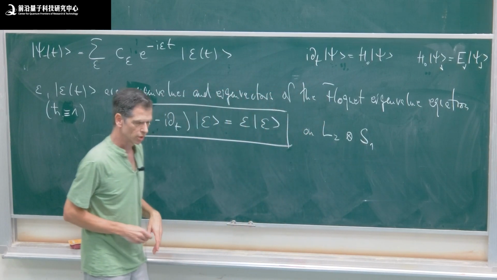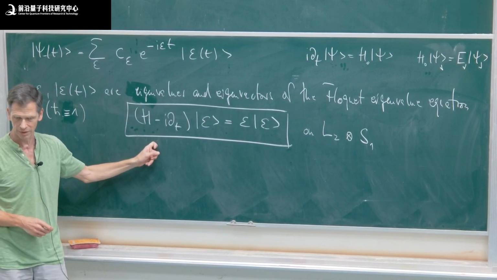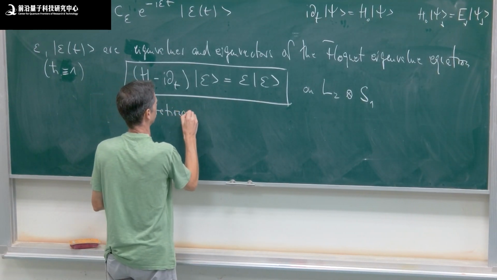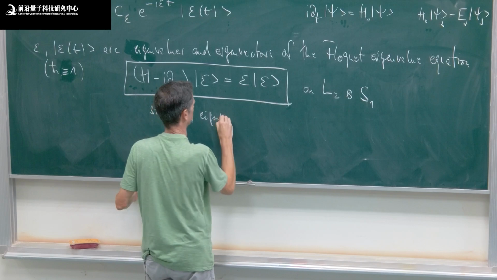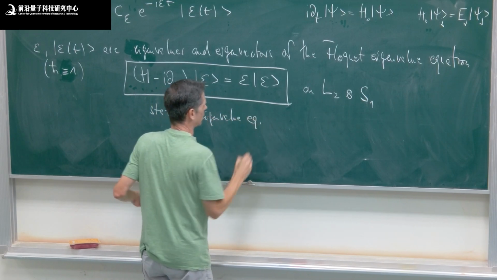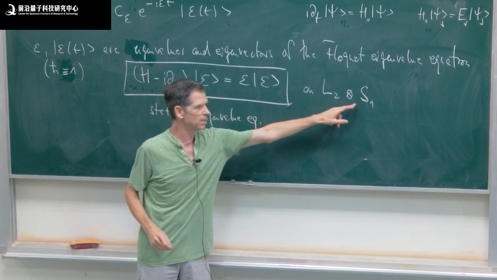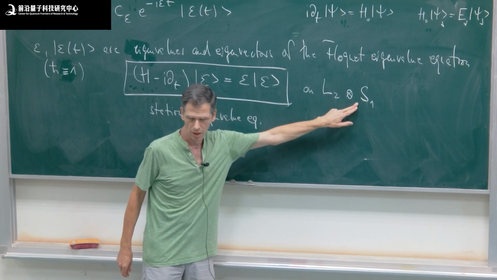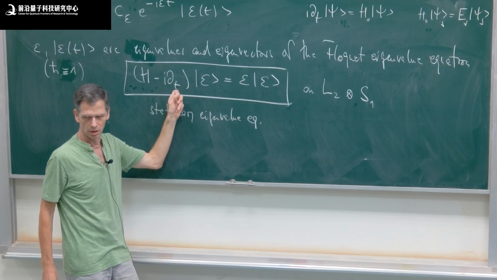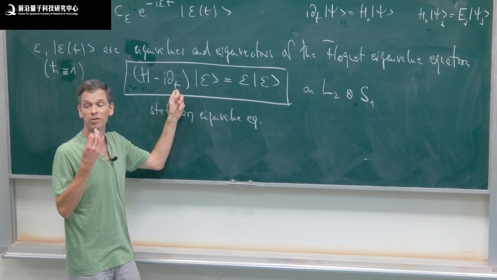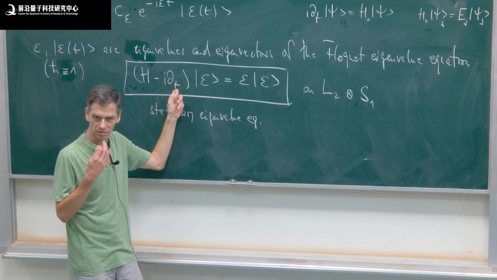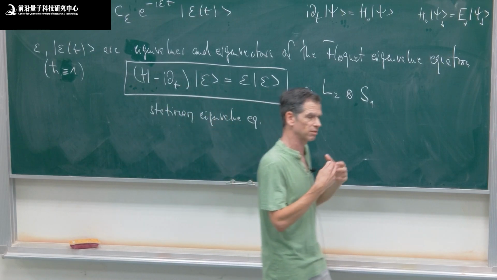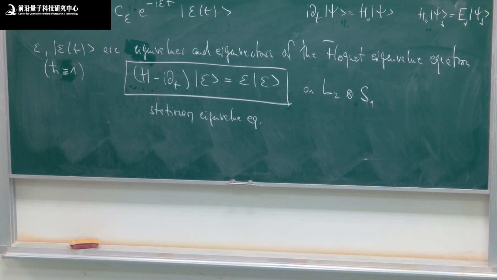So this is a stationary eigenvalue equation, just on a space which is enlarged by this tensor factor. It means that t in this picture takes the role of a generalized coordinate. You can conceive the Floquet picture as a time-independent problem just in an expanded space.